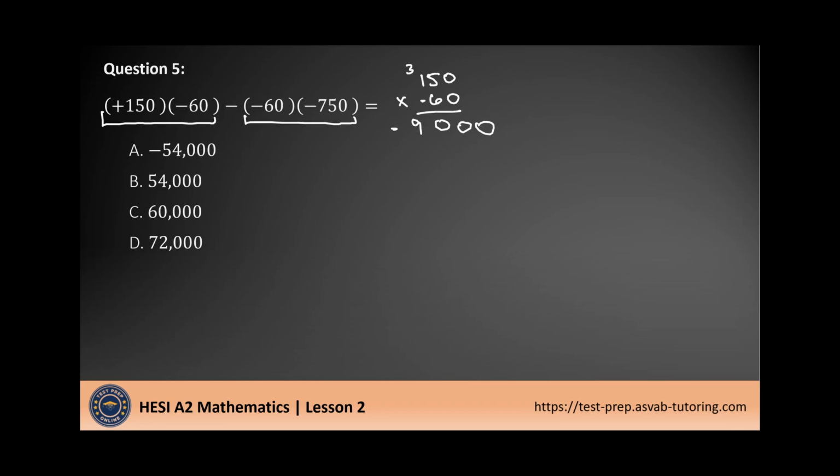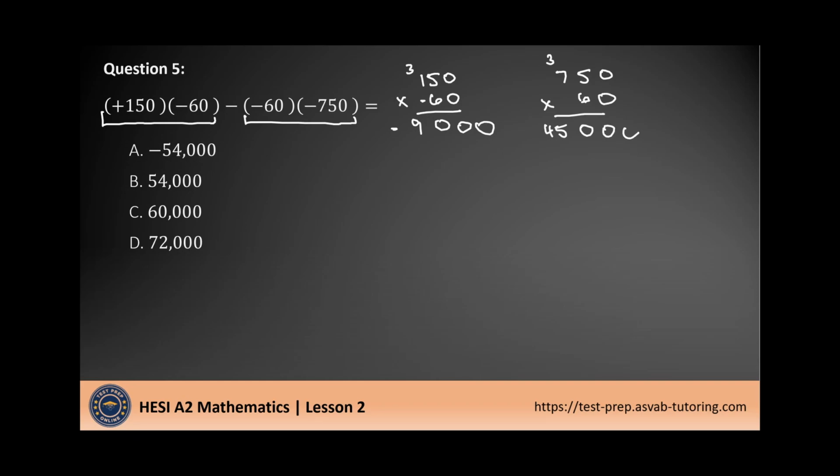Now let's do the right side. We have negative 60 times negative 750. Let's ignore the zeros. So we'll just do 75 times 6. 5 times 6 is 30. 7 times 6 is 42, plus 3, 45. This was actually 750, so there was a 0 here. This was 60, so there was a 0 here.